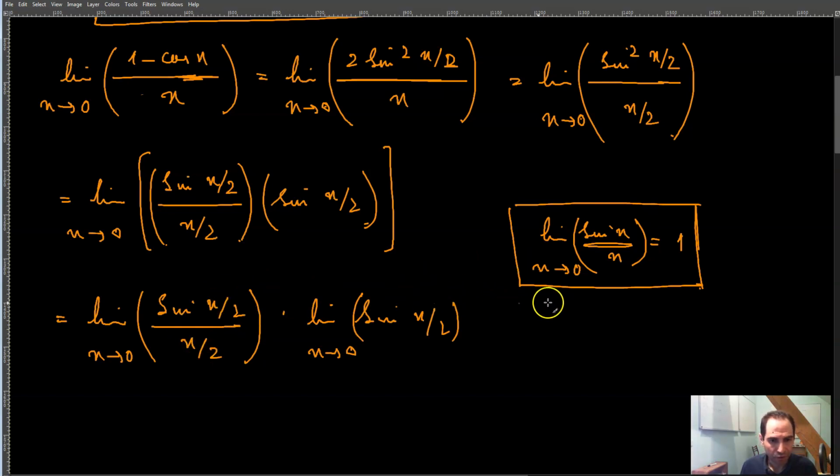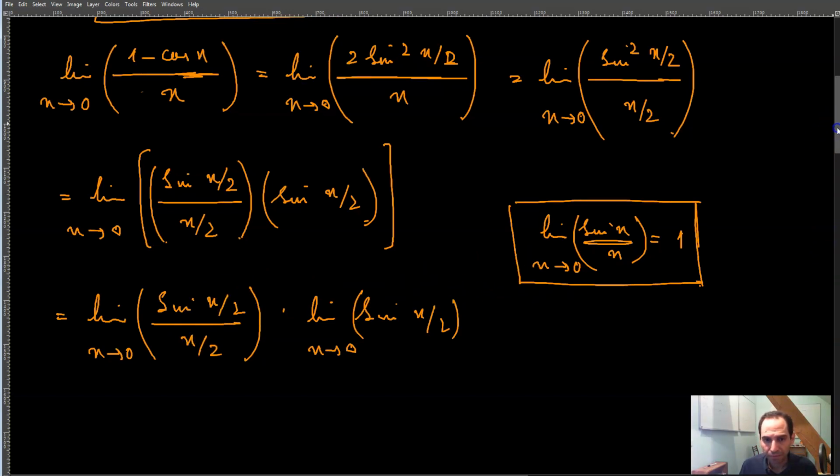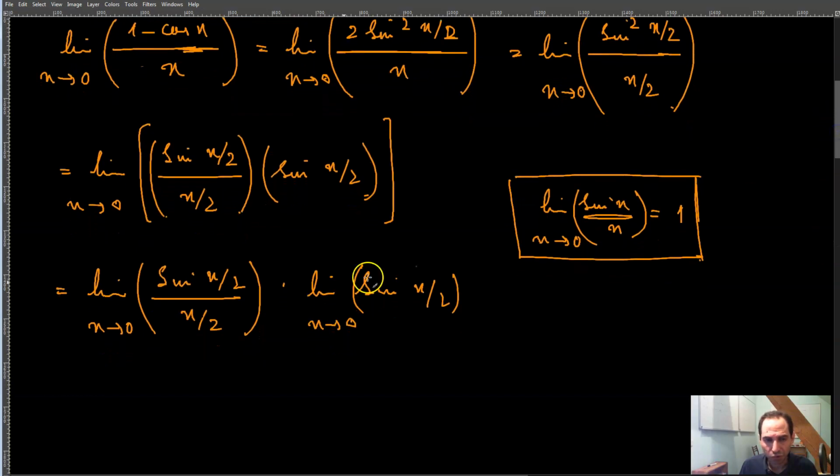So this becomes 1, and the limit of sine of x divided by 2 as x tends to 0 is the same thing as the limit of sine x as x tends to 0, and sine 0 is equal to 0, so this becomes 0.